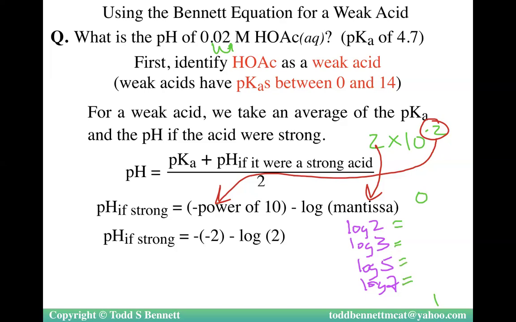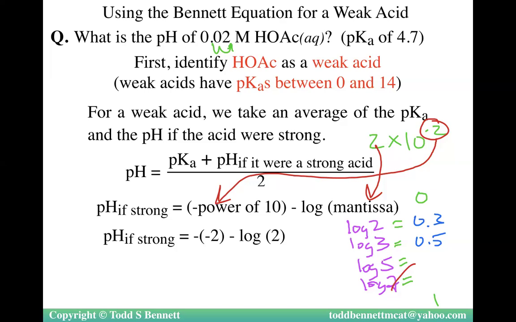Memorizing it seems hard, except life has made it easy for you. This 3 I'm going to bring over here, so I'm going to take that 3 and put it there, and in doing so make this 0.3 because it has to be between 0 and 1. So we're set. Then I'm going to take this 5 and bring it down here, so this is going to be 0.5.